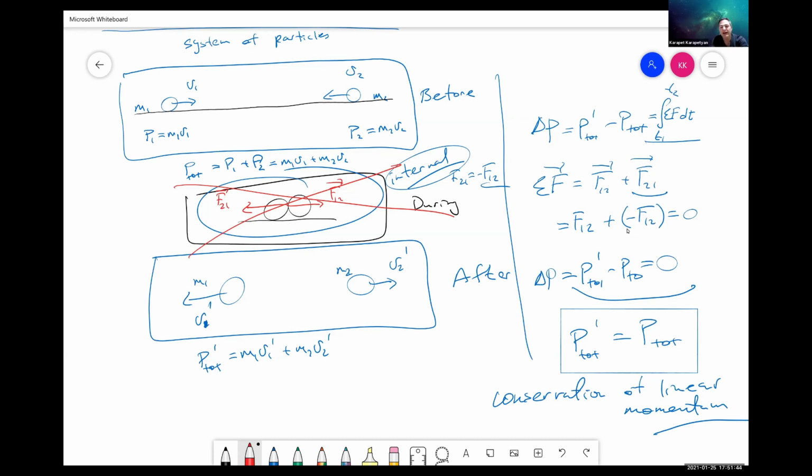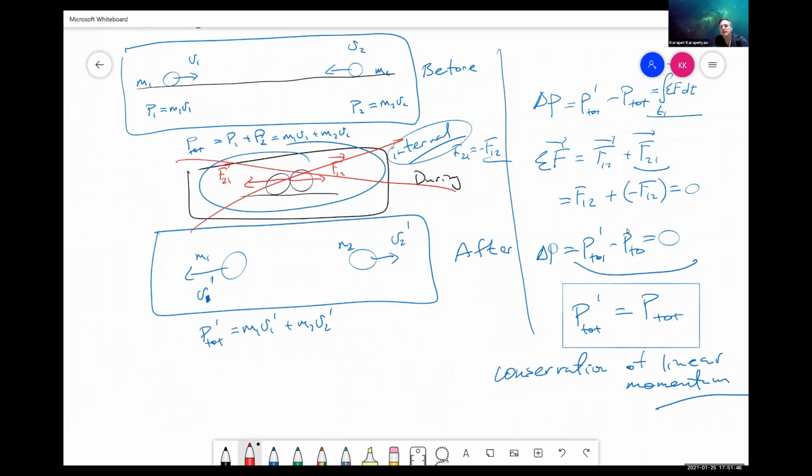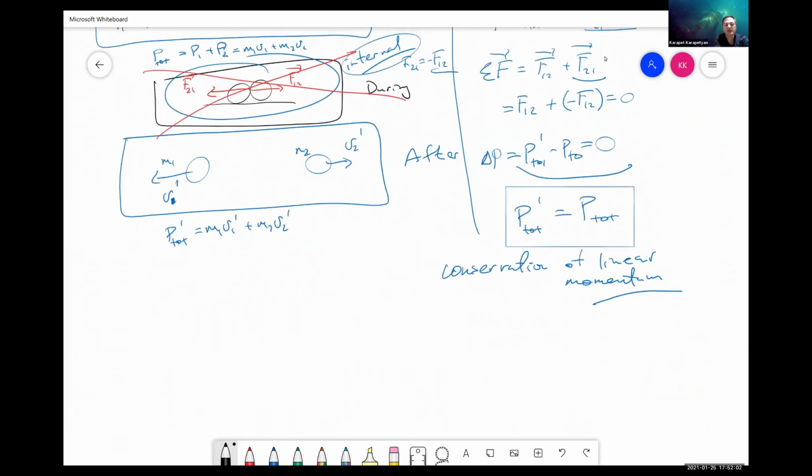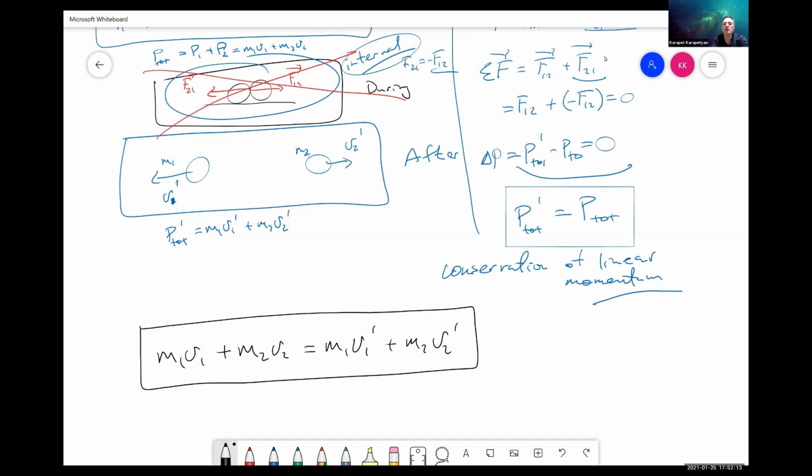All I have that is useful is before and after, and the sum of the momentum before and after is constant, conserved. That means for all conservation of momentum problems, whenever you have 2 particles, you can basically write: M1 V1 plus M2 V2 equals M1 V1 prime plus M2 V2 prime. So that's the equation for the conservation of momentum for a 2-particle system.